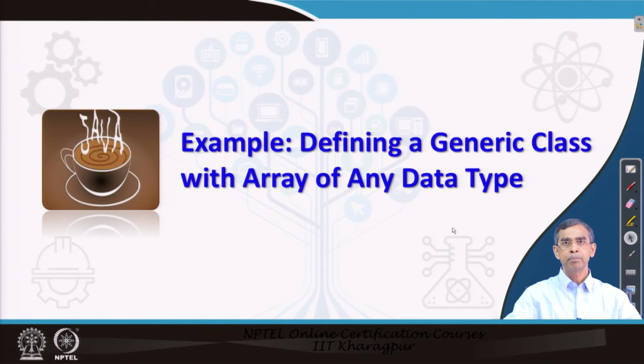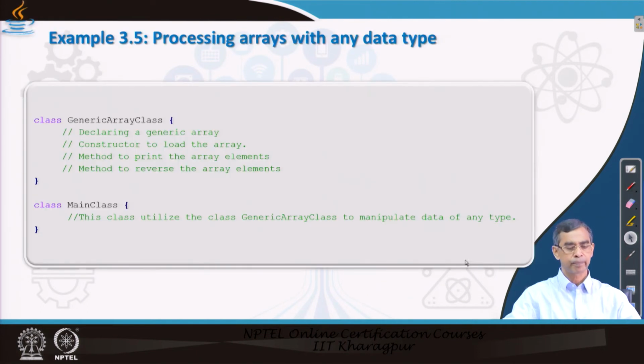In the previous examples, we discussed a generic class which contains data of any type, but not an array of any type. In the next example, we are going to repeat a similar procedure, but only for arrays. Let us note the difference between an array and a single element. This is the structure of the program that we are going to illustrate, so that we can understand how a generic class for an array with any type of data can be declared.